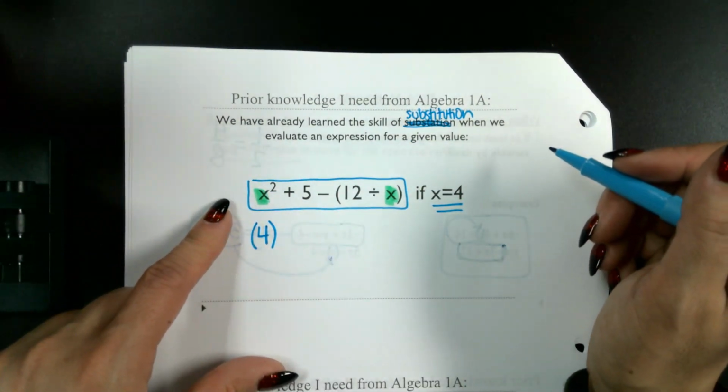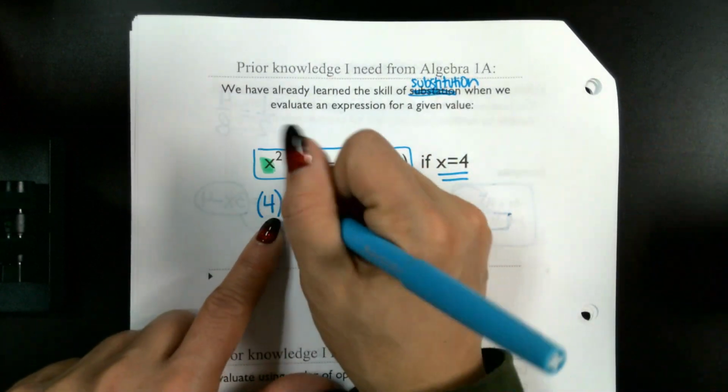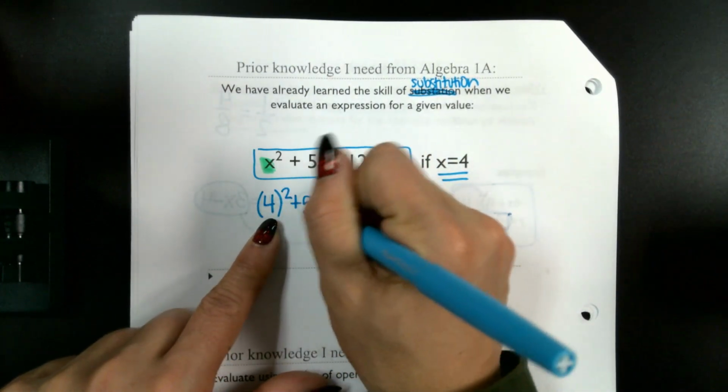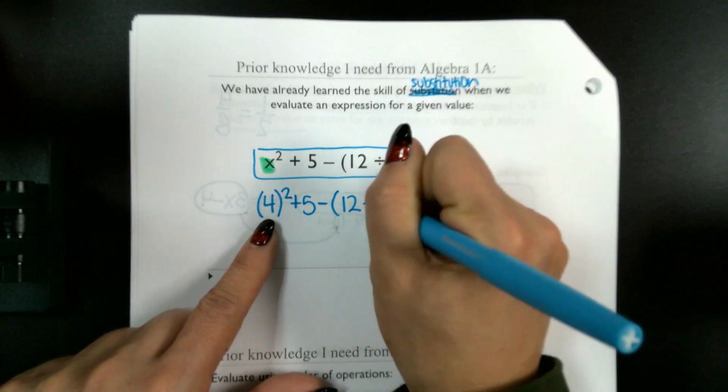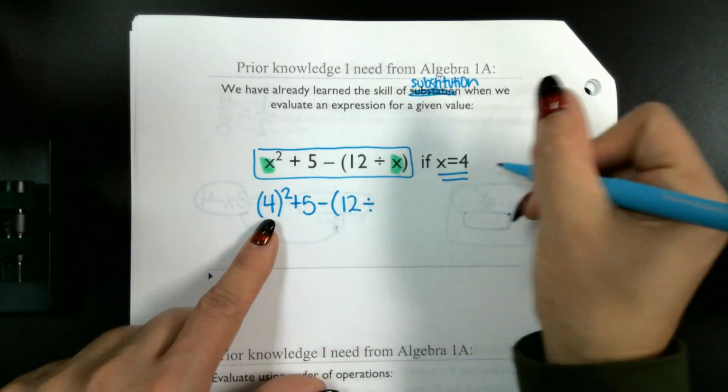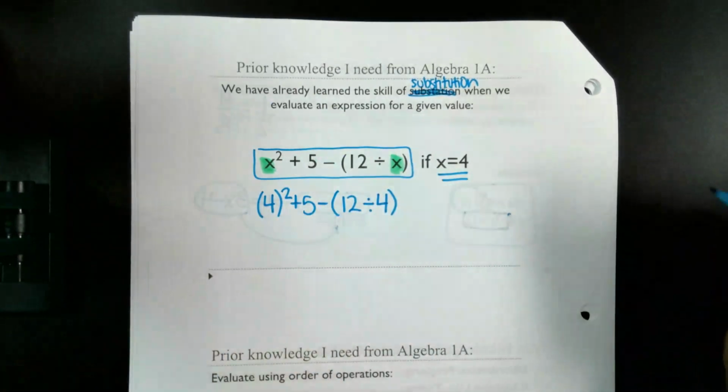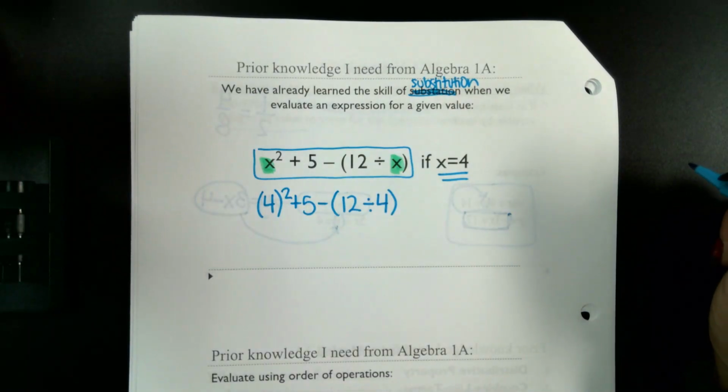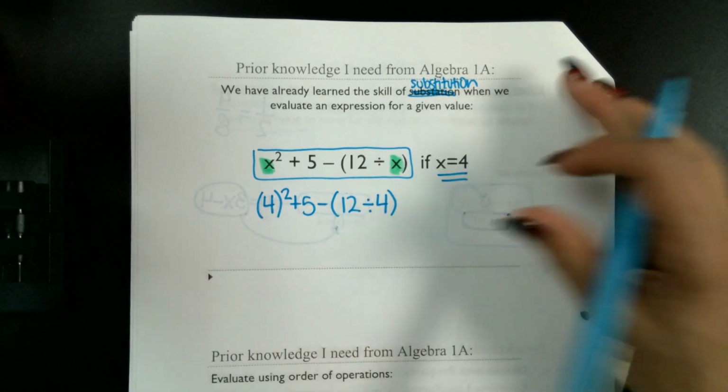You guys need to be watching the board. Put the 4 in. Now everything else is going to stay exactly the same until we get down here where there's another x, and then we'll plug in another 4. Order of operations. What do I have to do first?